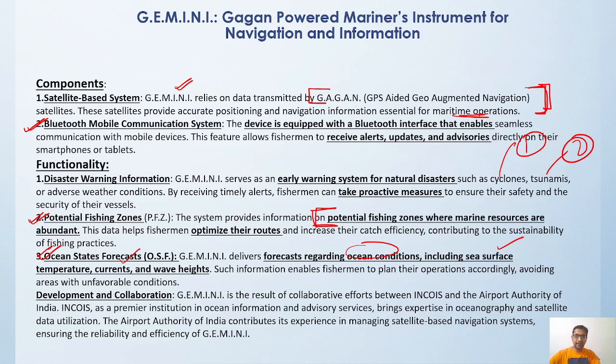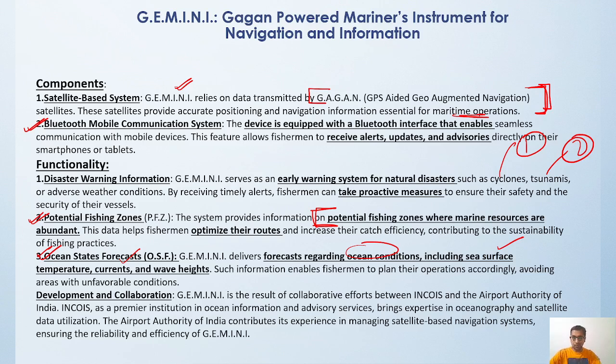Okay, and then we can develop this and collaborate with the neighboring nations, like we have a lot of neighboring nations like Saudi Arabia, Qatar, Oman, Yemen, Indonesia, Sri Lanka, Maldives, and our own country. A lot of people are also included. They are also becoming part of the fishing activity.